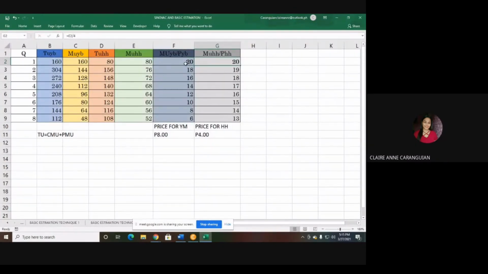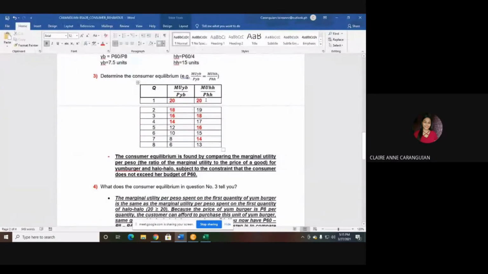Tulad nito, si quantity 1, si 20. So si quantity 1, same sila ng satisfaction, which is satisfaction ni Yum Burger at halo-halo.